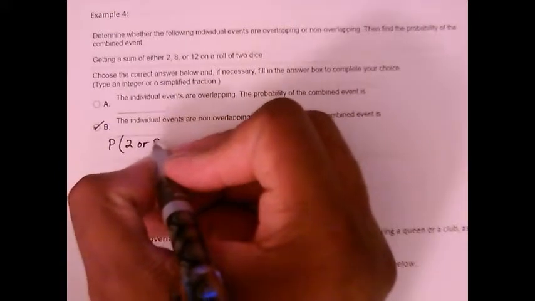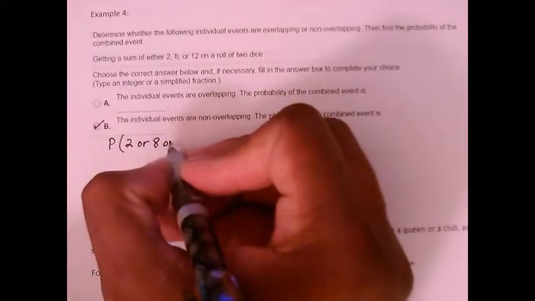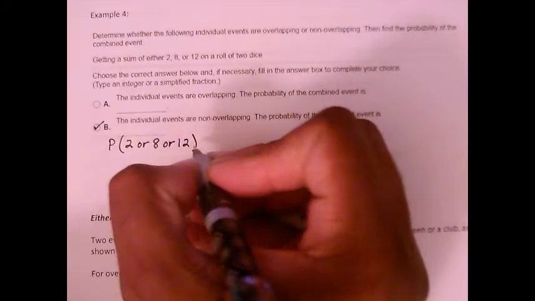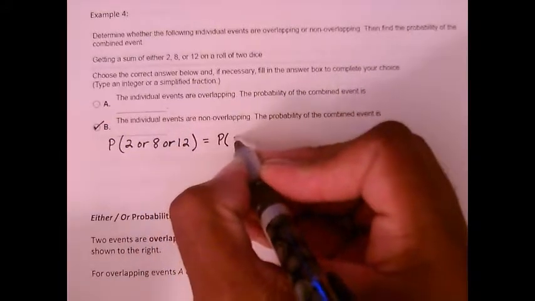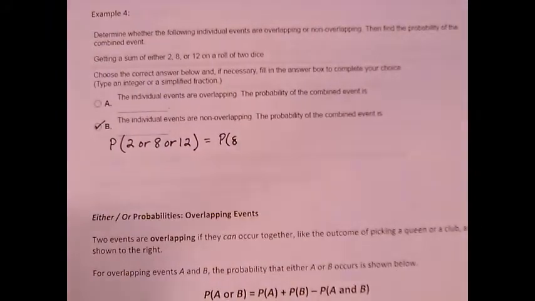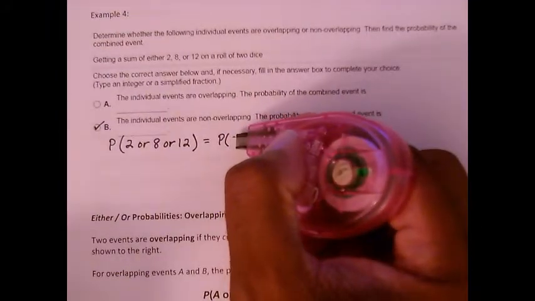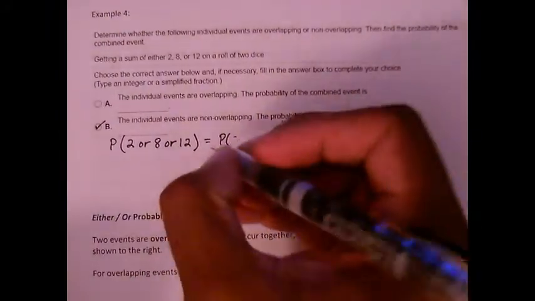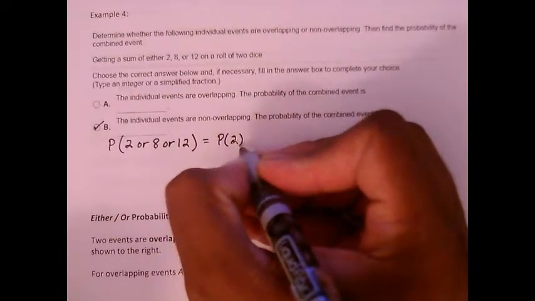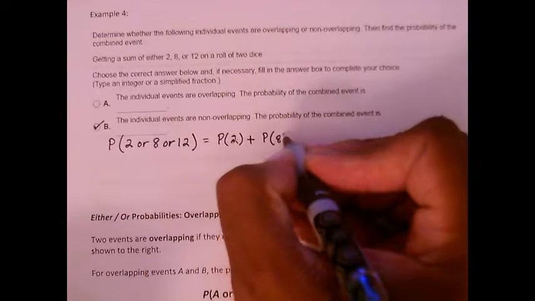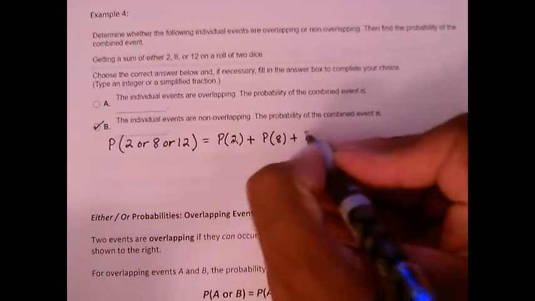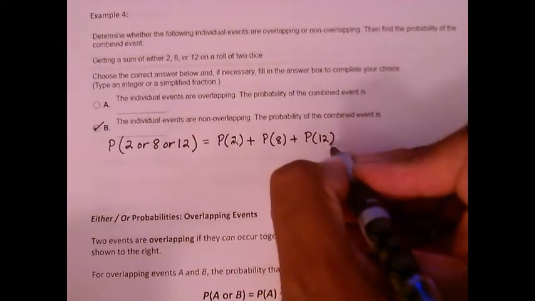So if I want the probability of a 2, or an 8, or 12, that means I need the probability of getting a 2, plus the probability of getting an 8, plus the probability of getting 12.